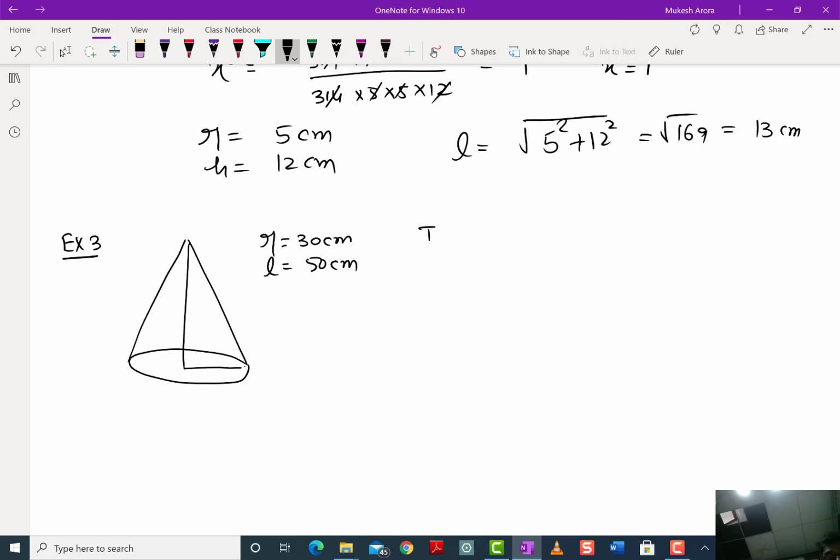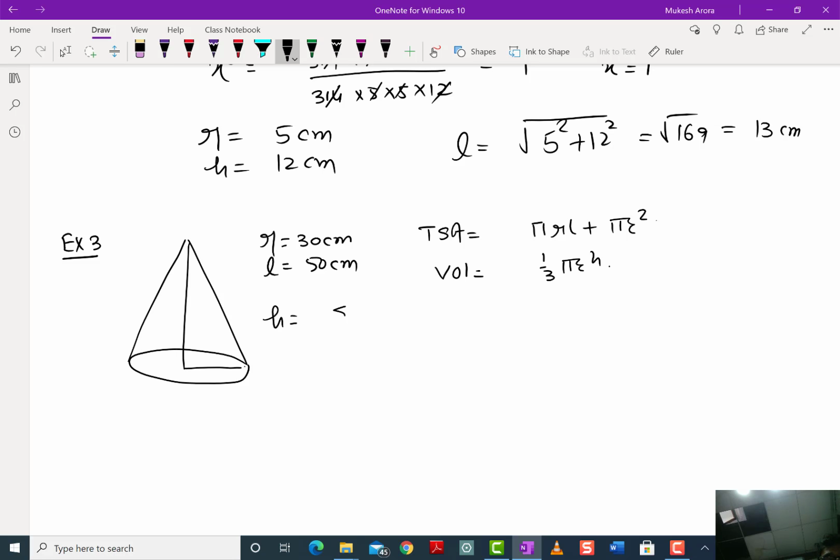So we have to find the total surface area, that is pi r l plus pi r square. So we have everything with us, and we need the volume also, that is 1 upon 3 pi r square h.